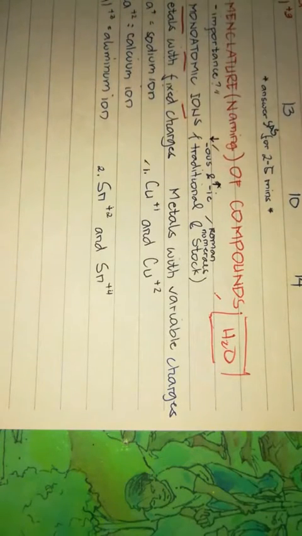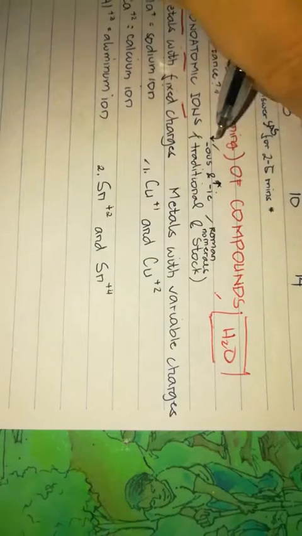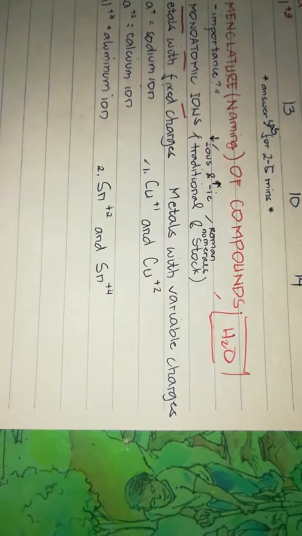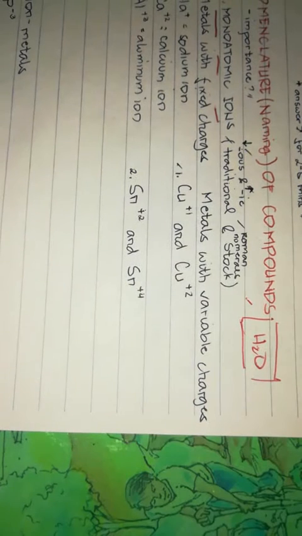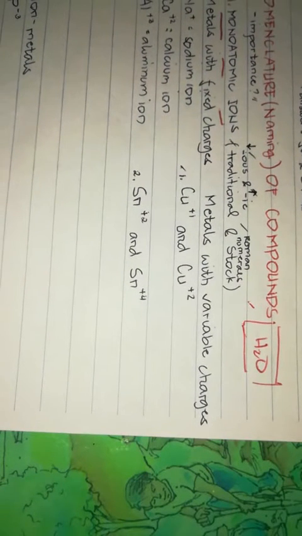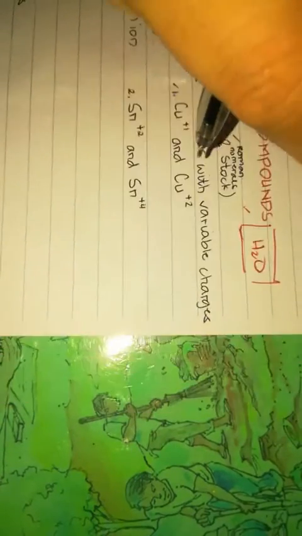So, in this case, si copper, positive 1 at positive 2, mas mababa si copper, positive 1. So, sa kanya si us. Maliban dyan, ginagamit din natin ang Latin name nila kapag ginagamit natin ang traditional system. So, what is the Latin name for copper? The Latin name is cuprum.